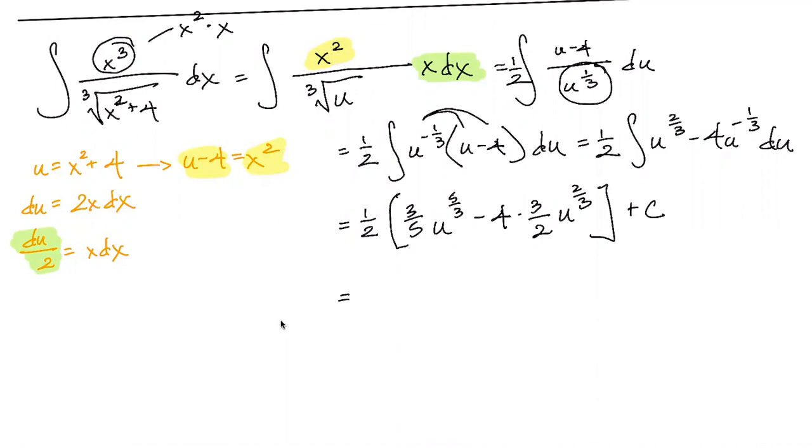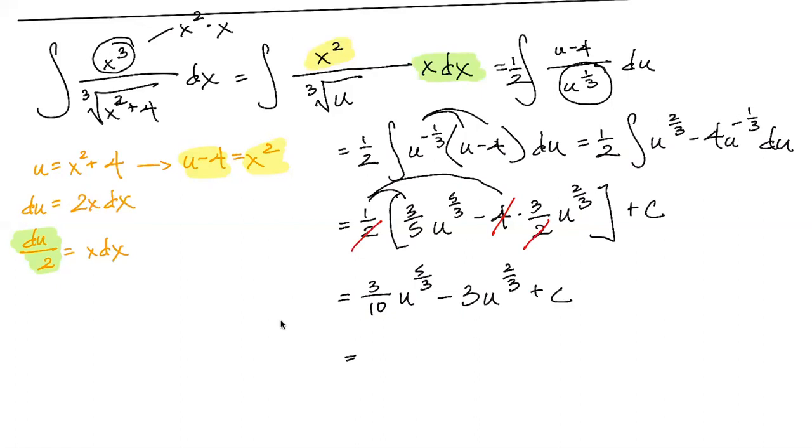And we're going to go ahead and distribute. So we'll get 3/10 u to the 5/3 minus, let's see what gets canceled here. This 4 and those 2 on the bottom go away, just like last time. So minus 3u to the 2/3 plus c.